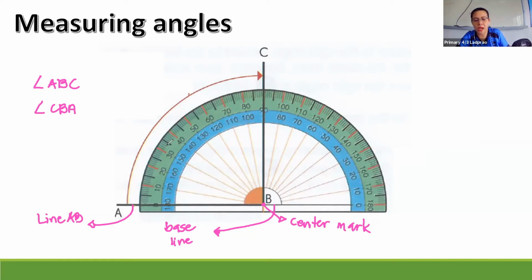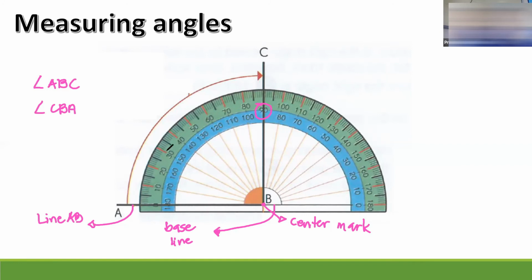Each of the small lines is equal to 1 degree. Each of the big lines is equal to 5 degrees. Now, you see there are numbers in there. That's the counting of the degrees. So by looking at that, this is 10, 20, 30, 40, 50. You're going to measure from the first line until the second line of your angle. What is the measure? 90 degrees.